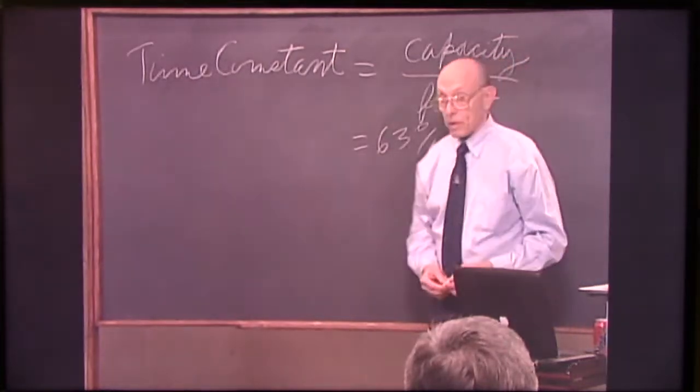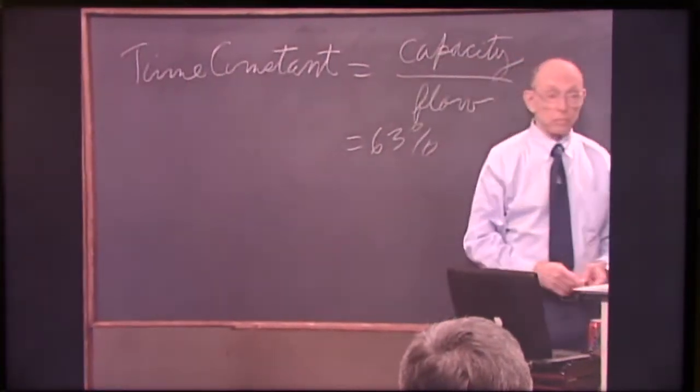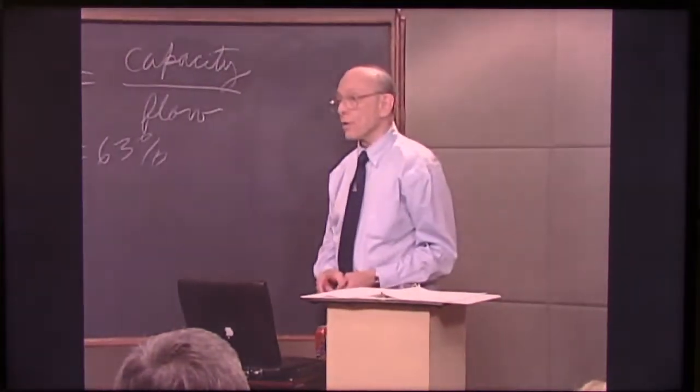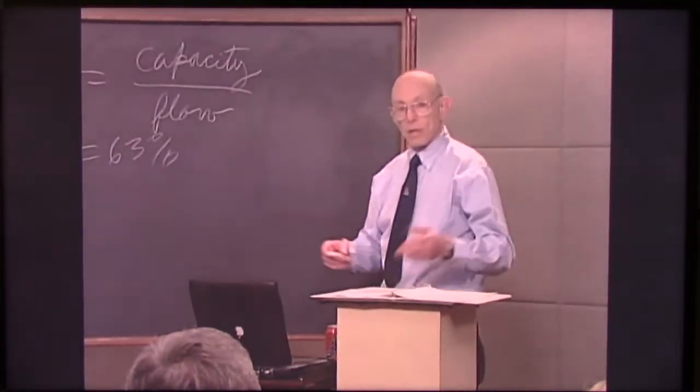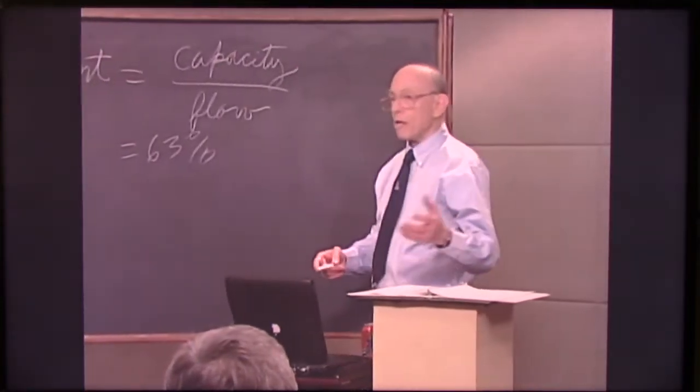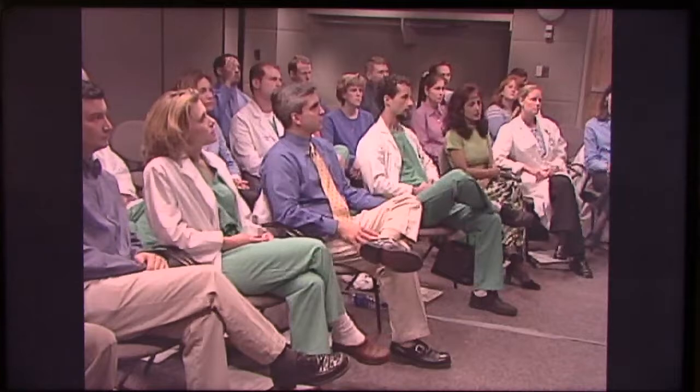So for example, the lungs have a capacity, and the lungs have a flow through them, the alveolar ventilation. What's the normal functional residual capacity of an adult patient? Give me an FRC, functional residual capacity. About 2 liters. About 2 liters. And what's a normal alveolar ventilation?